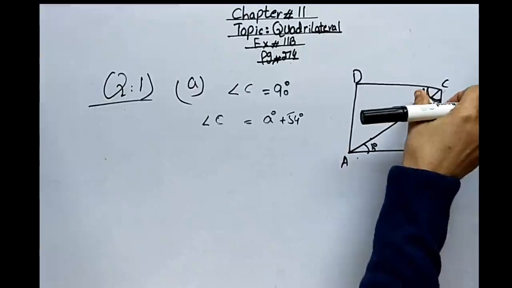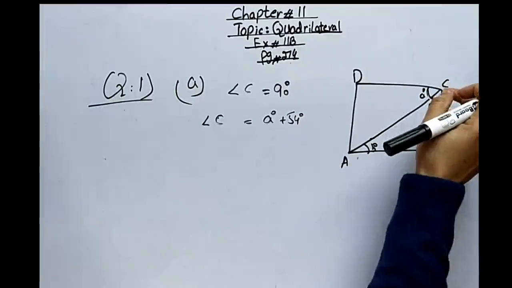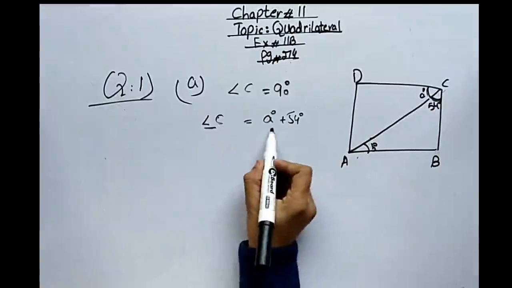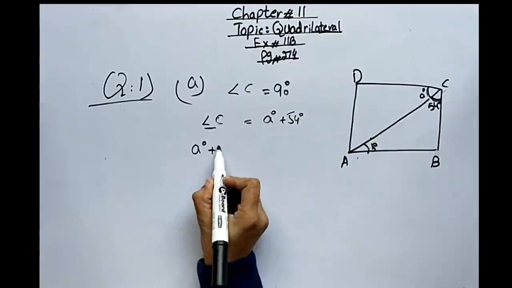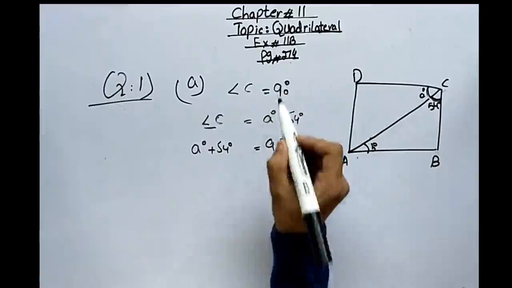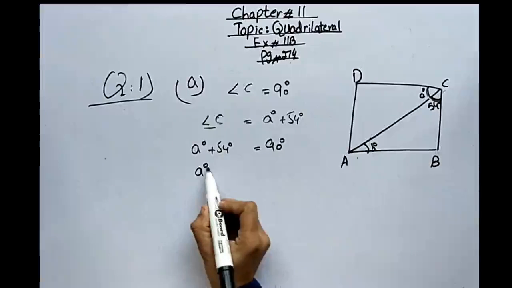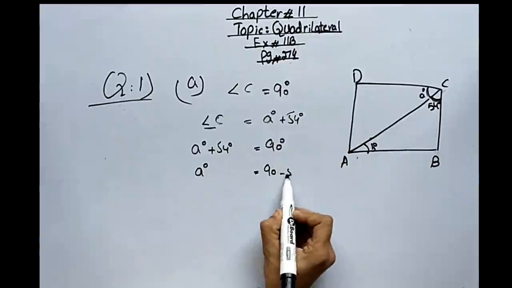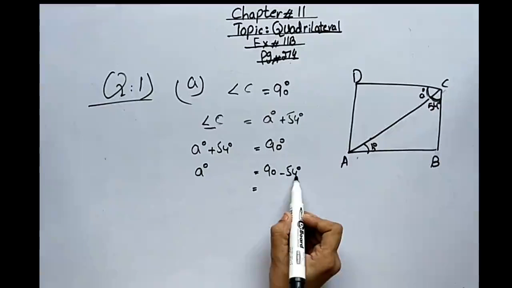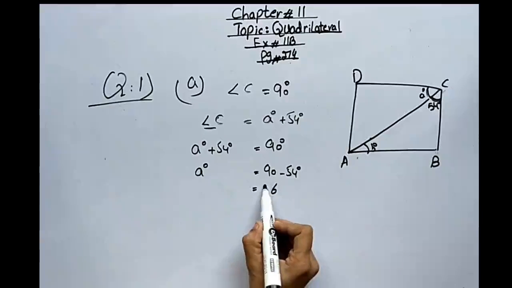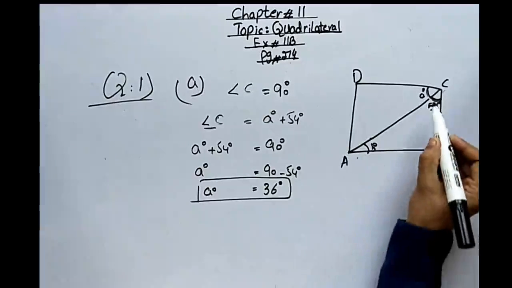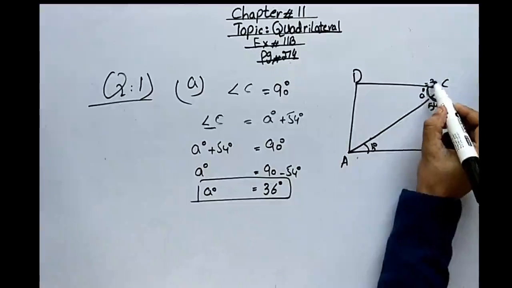When we add these 2 angles, we get angle C complete. So A degrees plus 54 degrees is equal to 90 degrees. Subtract 54 from 90: 10 minus 4 is 6, 8 minus 5 is 3. 36 degrees. A is equal to 36 degrees.